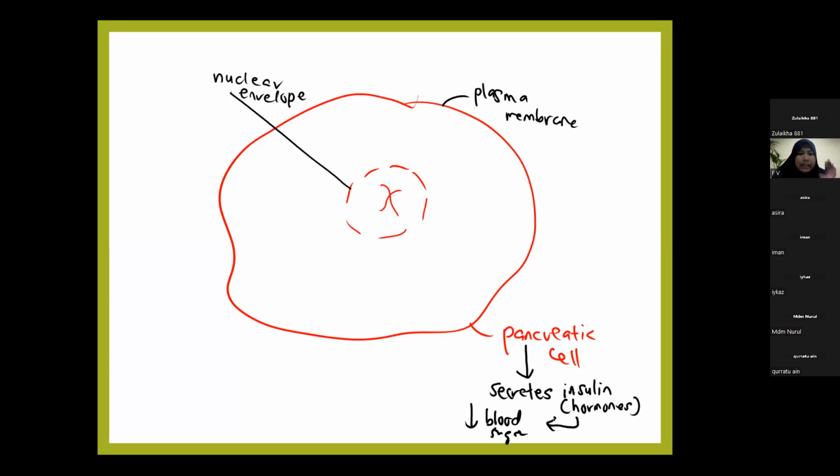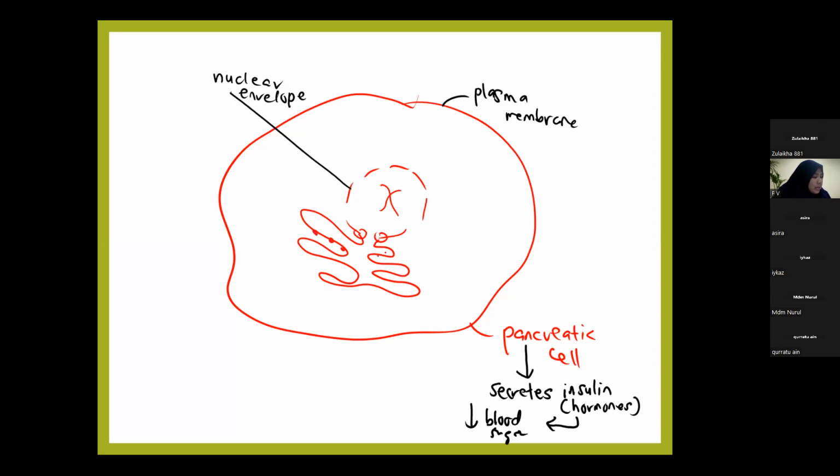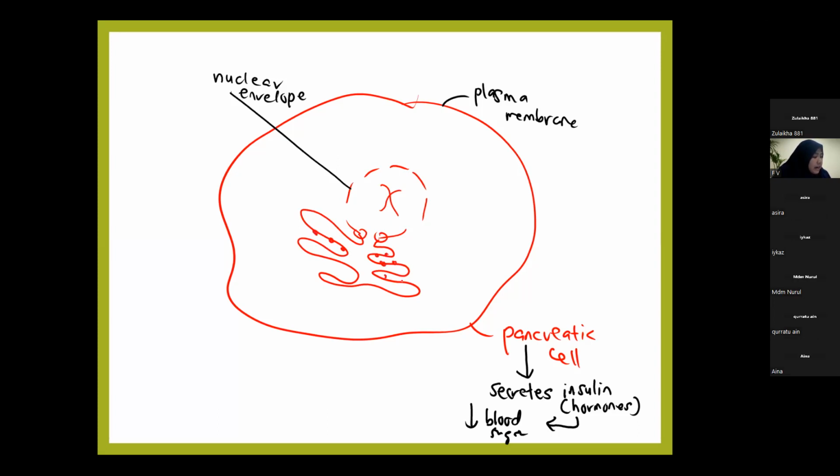So this is a pancreatic cell, as you can see from this picture. Dekat dengan pancreatic cell ni, you can see that this is the nuclear envelope. The nuclear envelope is continuous. Dia bersambung dengan ER. So yang madam lukis ni adalah rough ER.